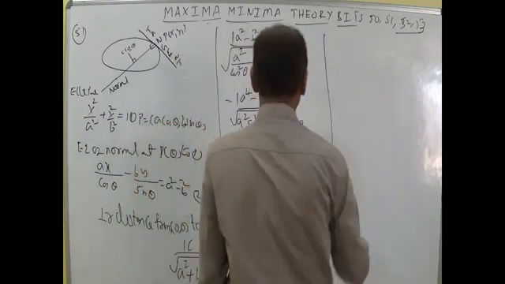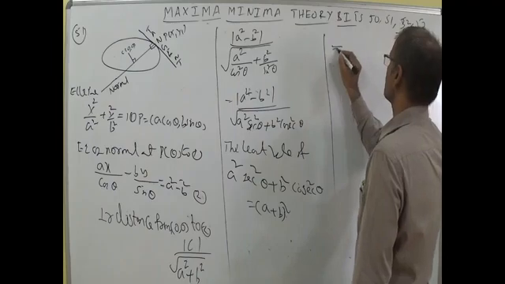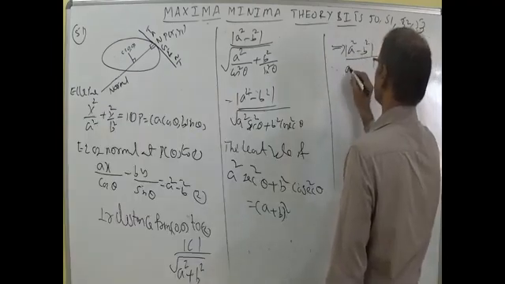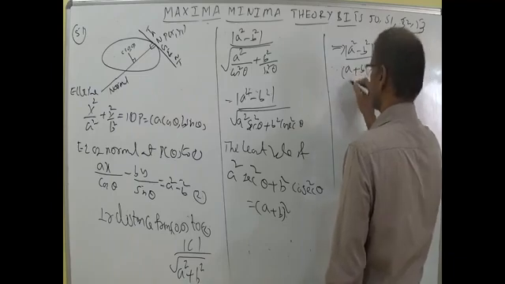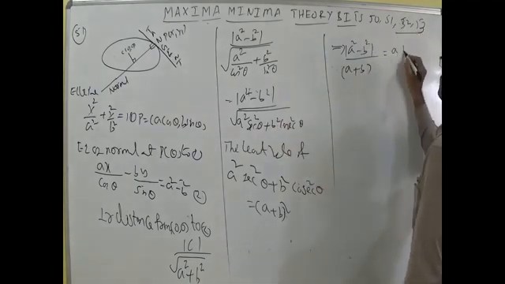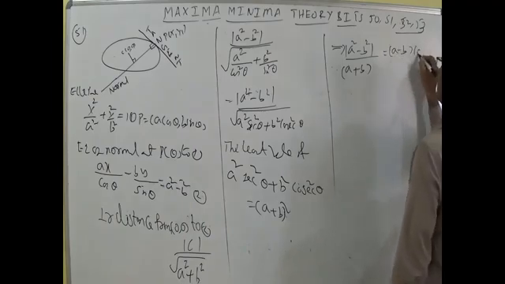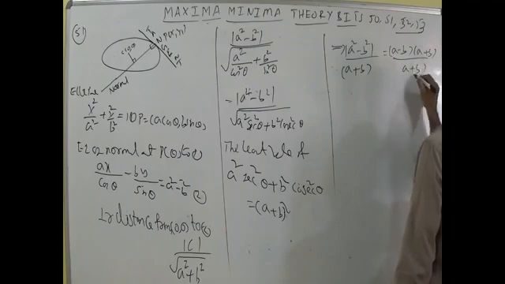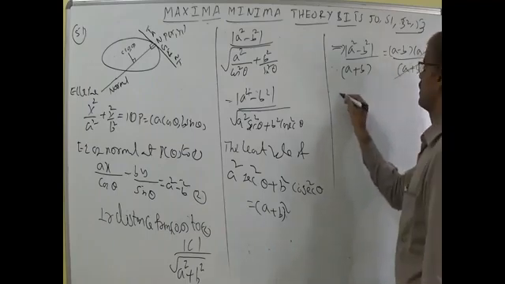So now you can write that as modulus of a square minus b square by a plus b, because the square root is there. So now you can write this as a minus b into a plus b whole by a plus b. A plus b and a plus b will get cancelled.